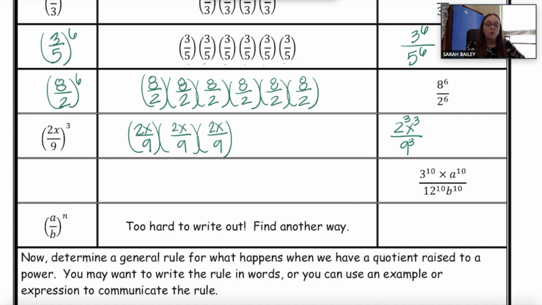Okay, the next one we have an answer, 3 to the 10th power times a to the 10th over 12 to the 10th b to the 10th. So that must have been 3a over 12b being multiplied by itself 10 times.